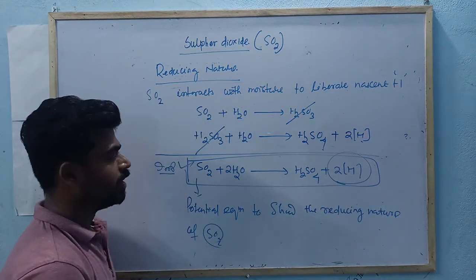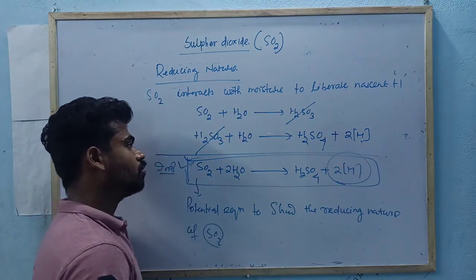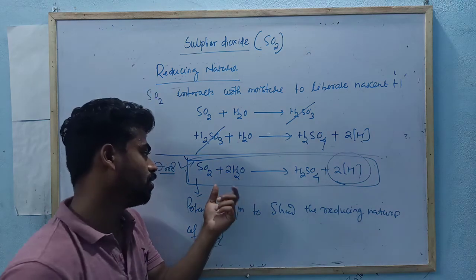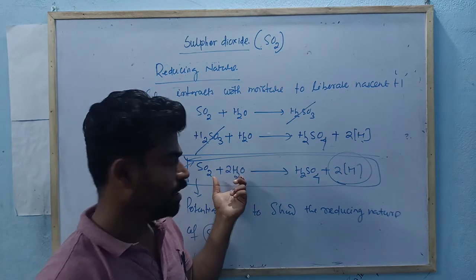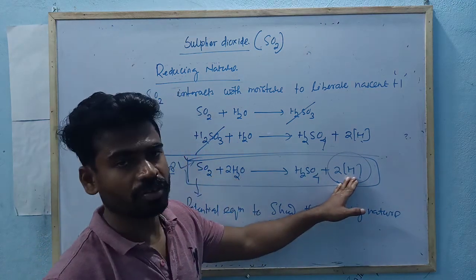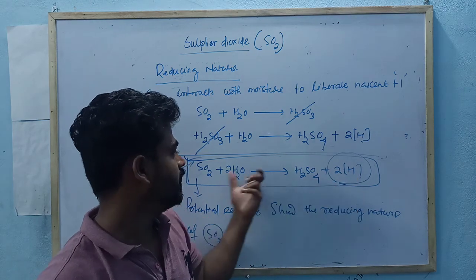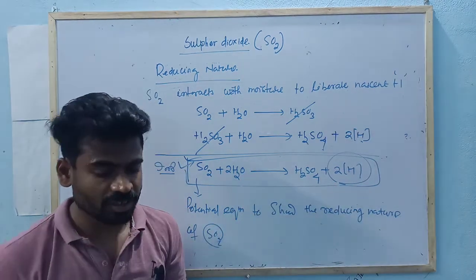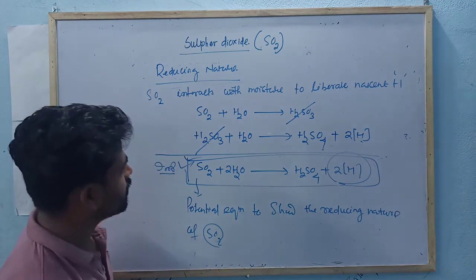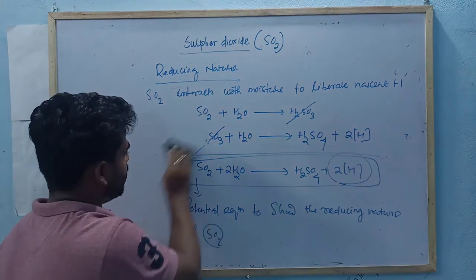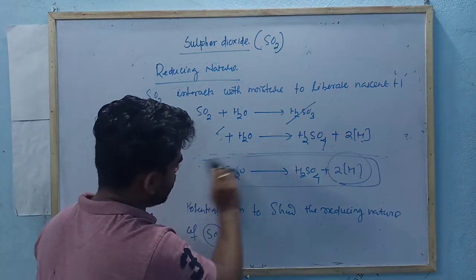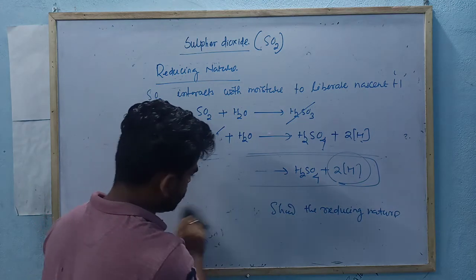Since it has a tendency, due to contact with moisture, under the interaction of water, to furnish these nascent hydrogens, this explains its reducing nature. So let us discuss a few examples where SO2 acts as a reducing agent.